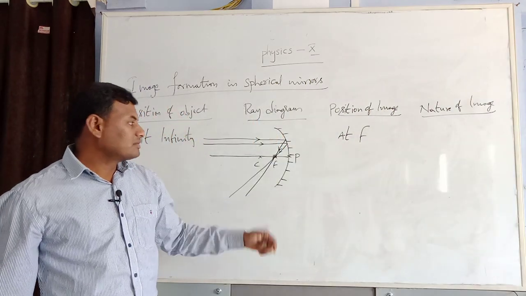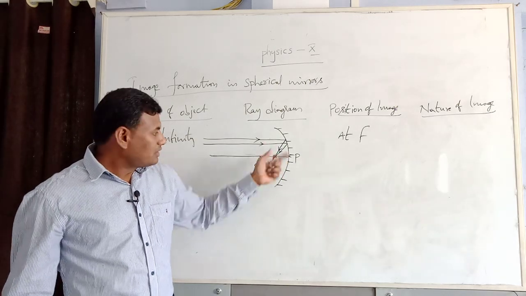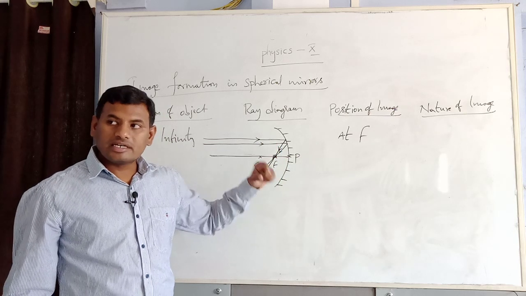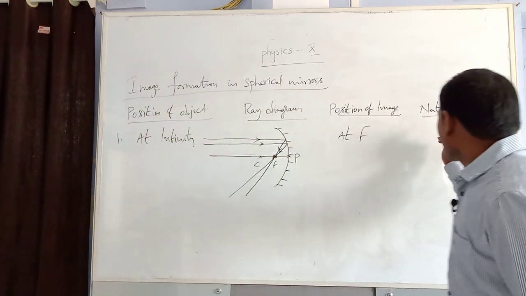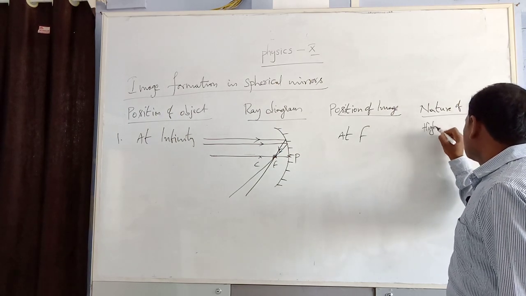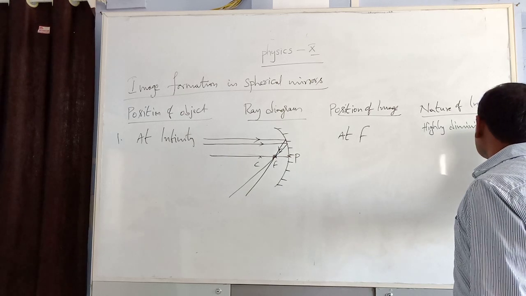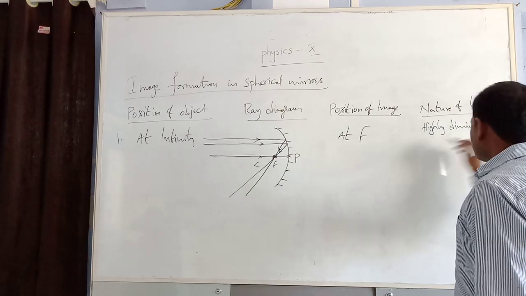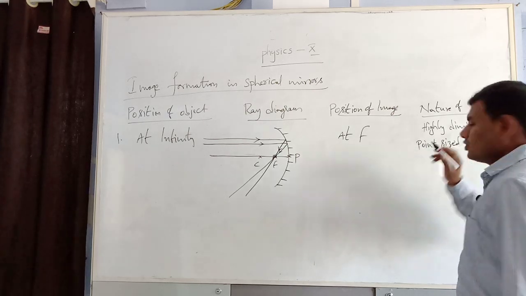Now the nature of the image. What is the nature of the image that is formed? The image that is formed is highly diminished, that means less in size, or a point sized image.